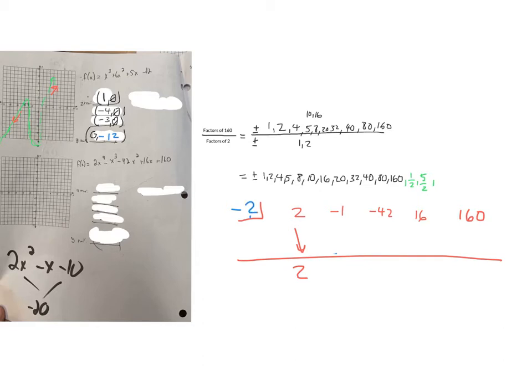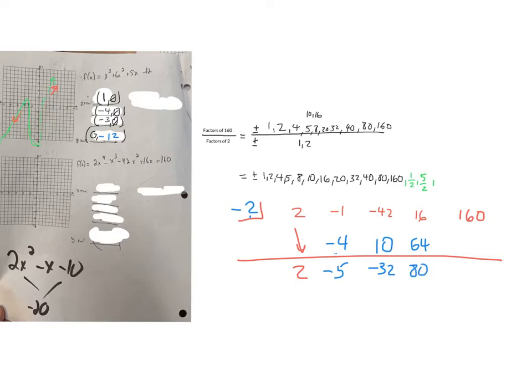So -2 times 2 is -4. When you add -1 plus -4, that's -5. -2 times -5 is positive 10. -42 plus 10 is -32. -32 times -2 is positive 64. And then when you add those, that's going to be 80.